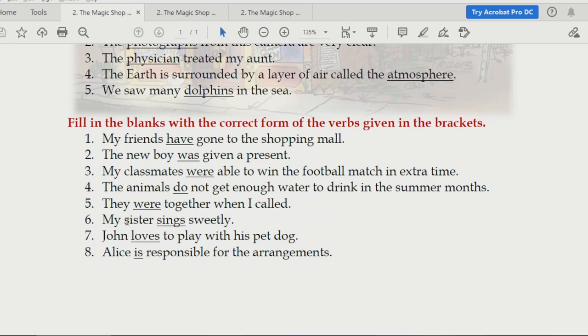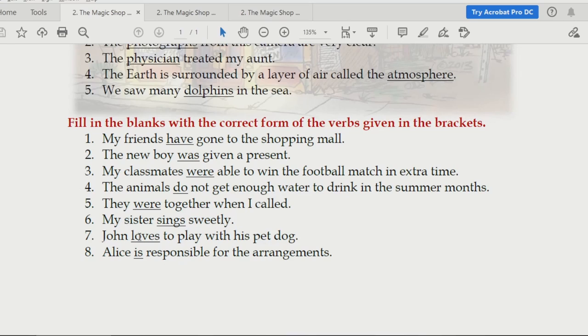Just think that this person has more than one sister. That means imagine that this person has two sisters. And this person says, my sisters. So this will turn to sing. My sisters sing sweetly. I hope you understood that.